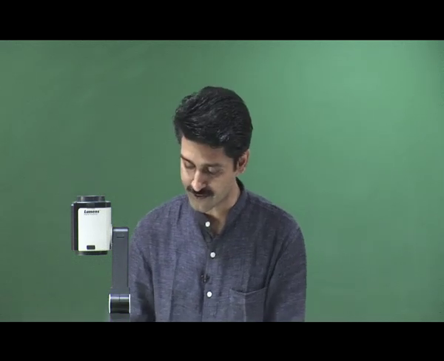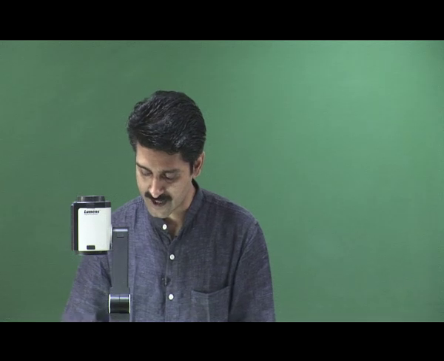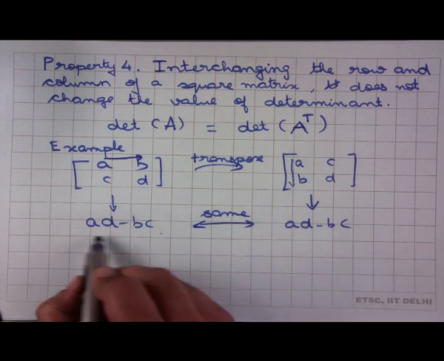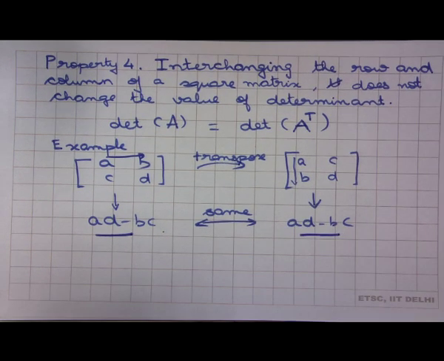For a 3 by 3 also we can verify how it follows from the determinant's definition, because there we can expand along a row or a column. Rather than calculating explicitly the value of the determinant, instead of expanding along the row A B, we expand along this column A B, and then we see that the cofactors come out to be the same, and so the values of the determinants come out to be the same. For a more general 3 by 3 matrix we could apply the same logic.